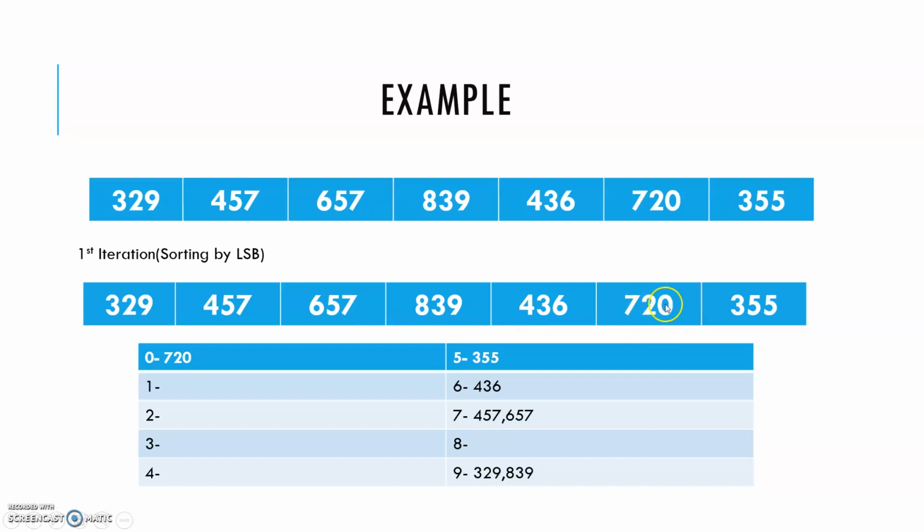In number 720, the LSB is 0, so it will be in the 0th column of the table. Similarly, the number 355 has LSB as 5, so it will be in the 5th column of the table. This process will go for different iterations.